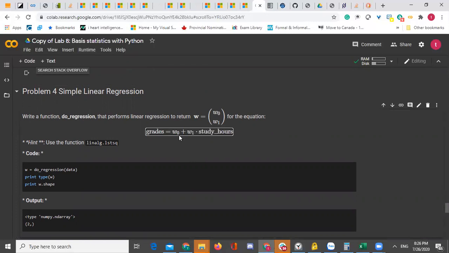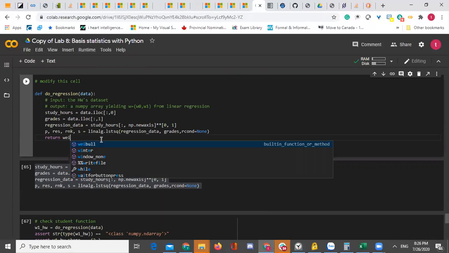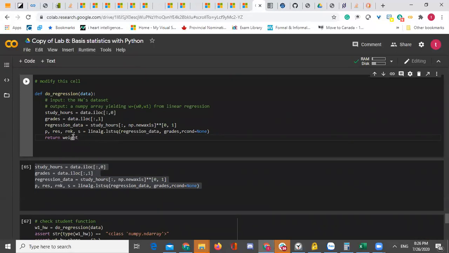So you should return the weight W. Oh, and the shape. W or W1. So it should return the weight. Okay, return weight. But then where is the weight then? No. What is the weight in your case here? How do you call the weight? Oh, the P. Yeah. Okay.